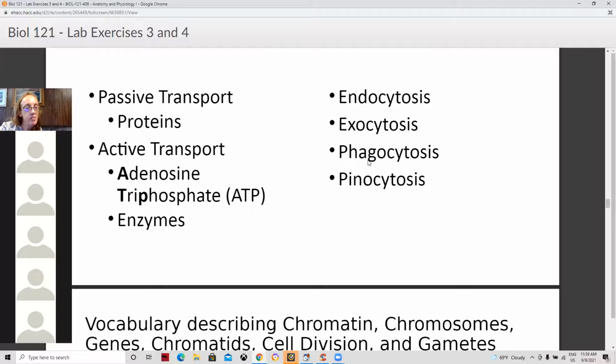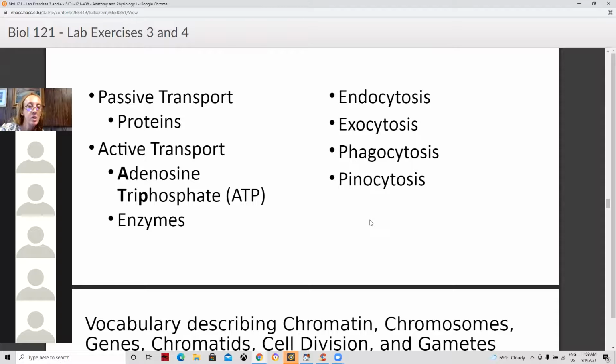Phagocytosis is to eat. Phago meaning to eat, and cytosis means a cell eating. This is when one cell engulfs a large piece of material, or a damaged cell, or an infected cell.